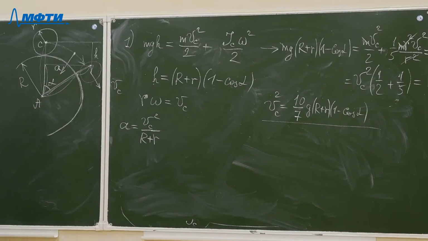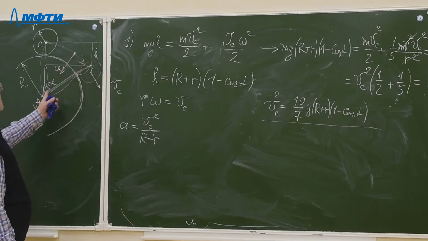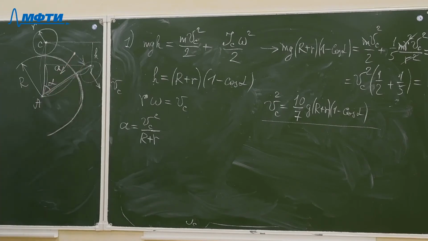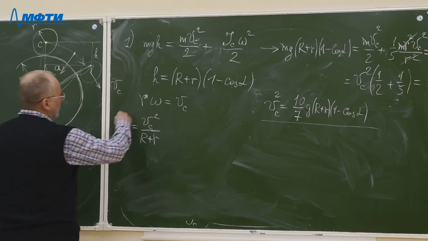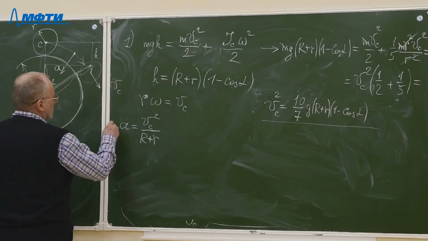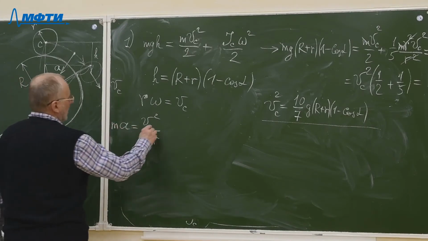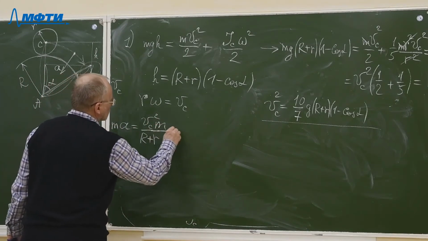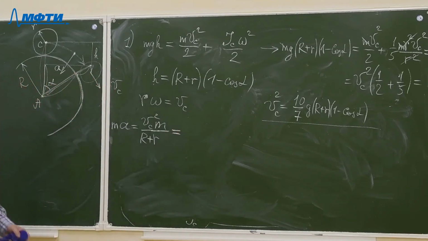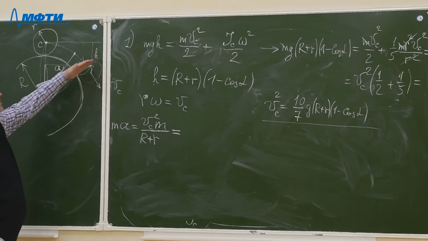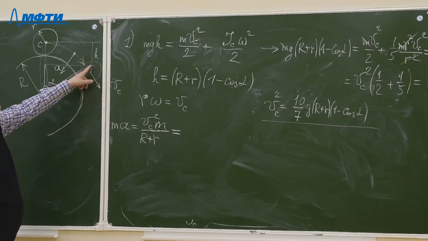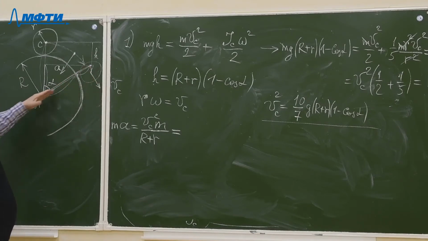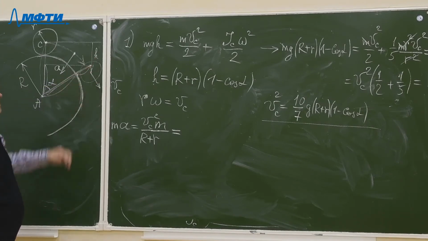So this is the centripetal acceleration of the sphere. If we multiply this acceleration by the mass of the sphere, we will obtain the total force acting on the sphere in the direction connecting the center of the sphere and point A.